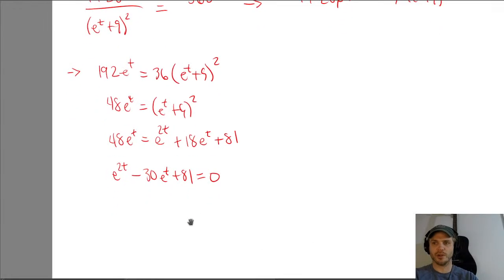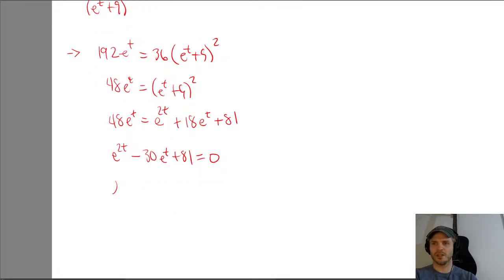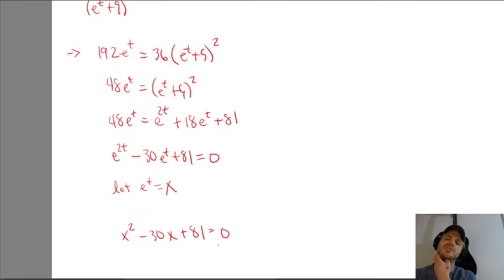And so if you notice, this is a quadratic in e to the t, so I can do a change of variable to make that easier to see. This is e to the t equal x, and so this is x squared minus 30x plus 81 equals 0.